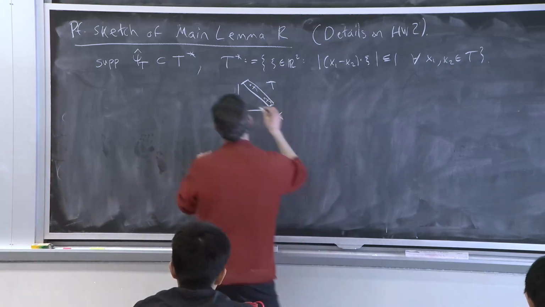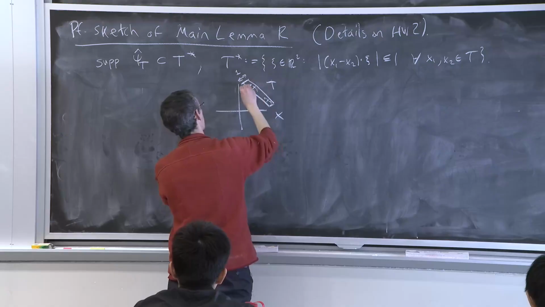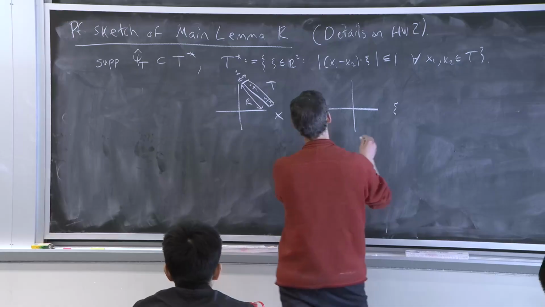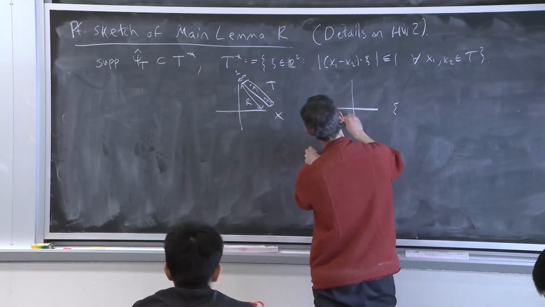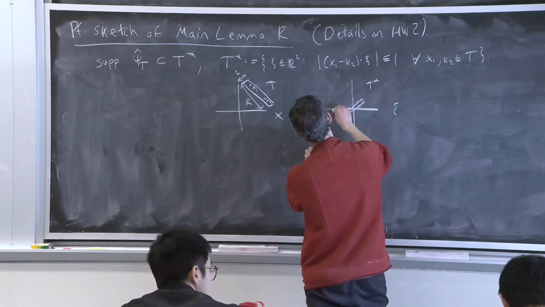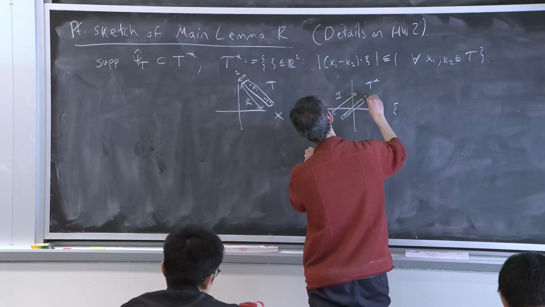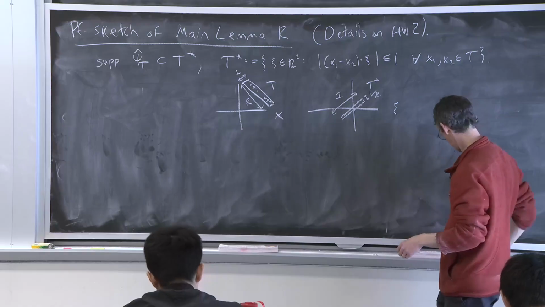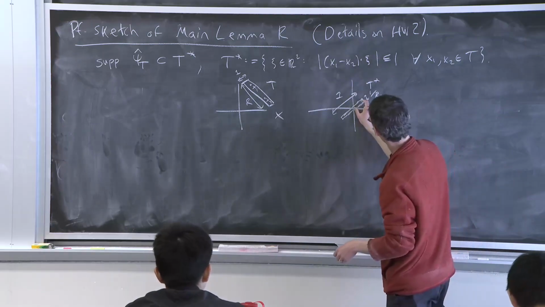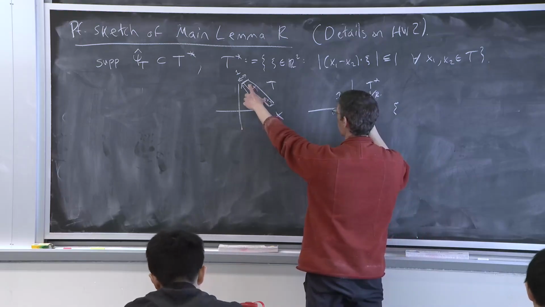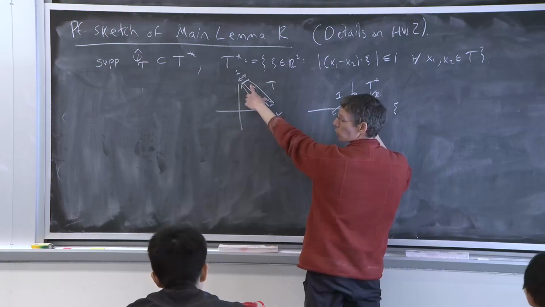The dimensions of this T are 1 and R. Now in xi space, T star is going to be perpendicular to T. It has length 1 and width like 1 over R. Geometrically, the long component of this vector has size R, and it gets paired with the short component of that one, which has size 1 over R, which gives me around 1.